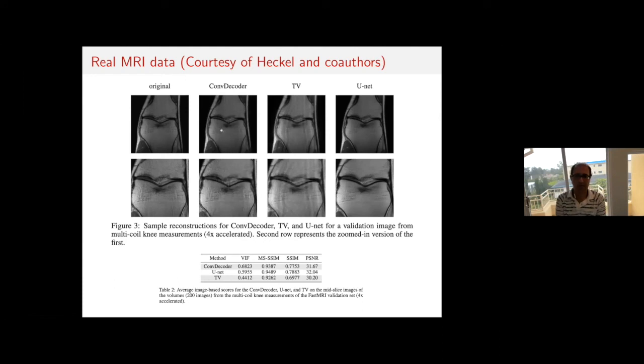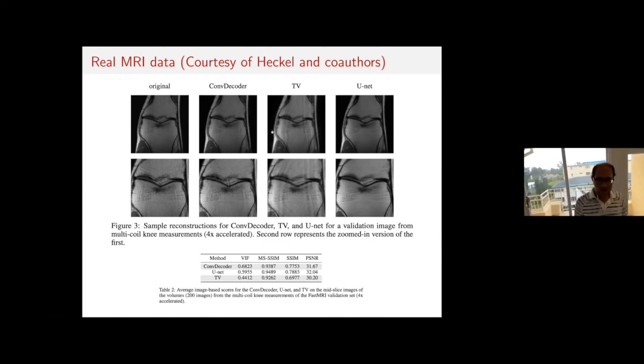They compare it with some of the traditional algorithms you would use for MR, like TV minimization, and even a trained network, but trained using simpler networks, like the UNet. They show that even though you don't have any training data, this conv decoder, basically this untrained network, can match the performance of what we were doing a few years back with TV, and even a trained network.